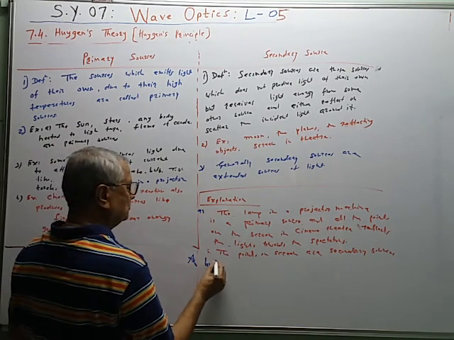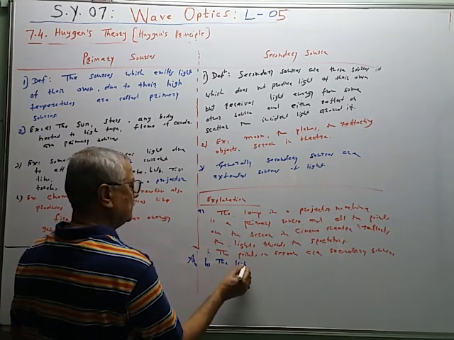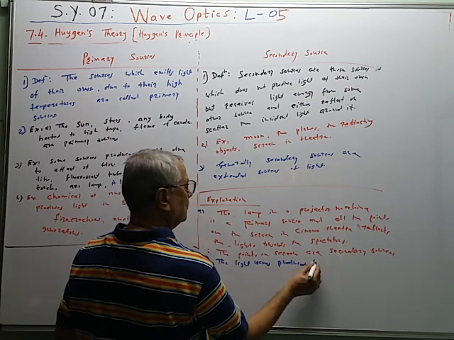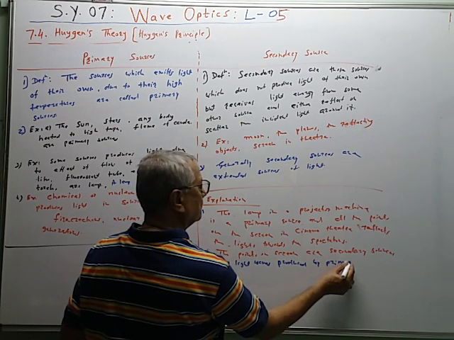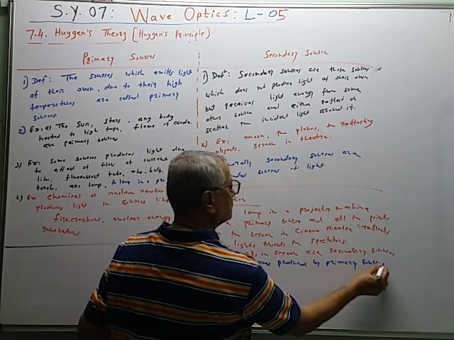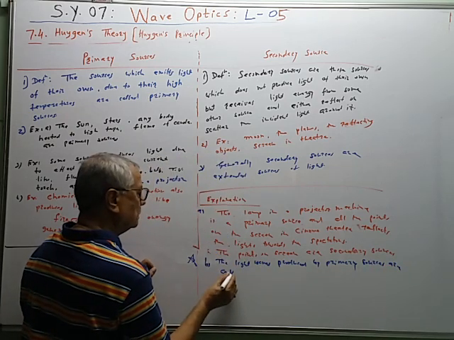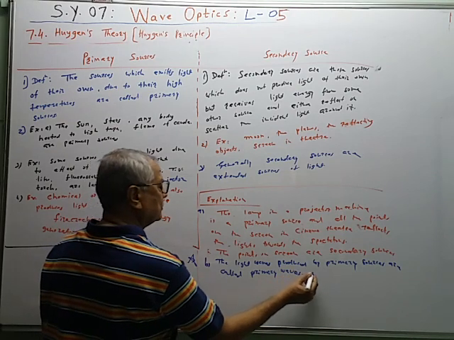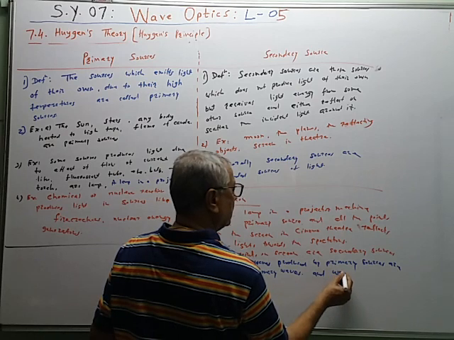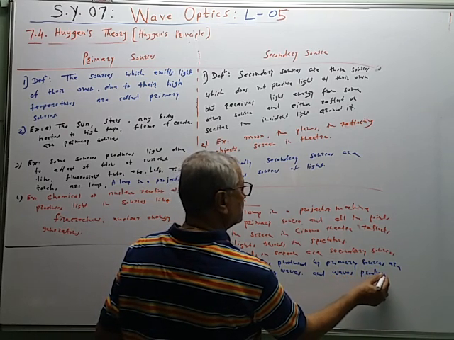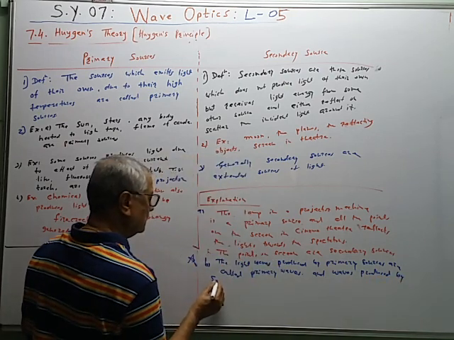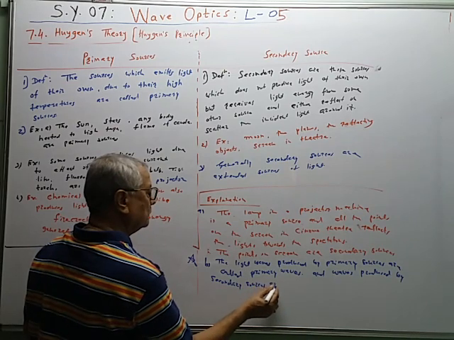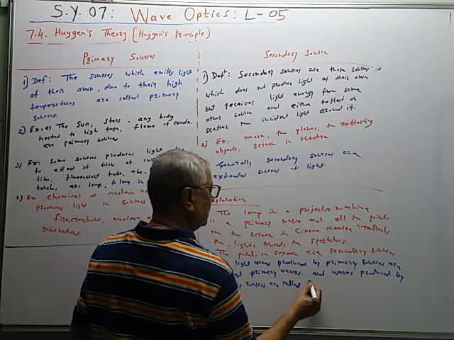B. The light waves produced by primary sources are called primary waves, and waves produced by secondary sources are called secondary waves.